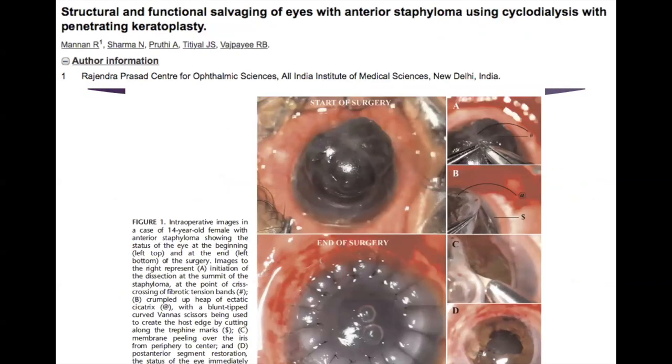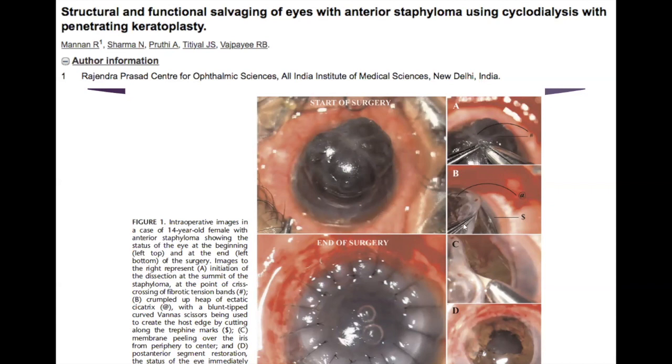This is another paper that proposes a slightly different surgical technique for these patients. Instead of sclerokeratoplasty, they performed total penetrating keratoplasty, freehand trephine from the limbus. But what they did differently here is in all of their patients, I think 8 patients in this paper, they performed cyclodialysis cleft just to prevent postoperative glaucoma.